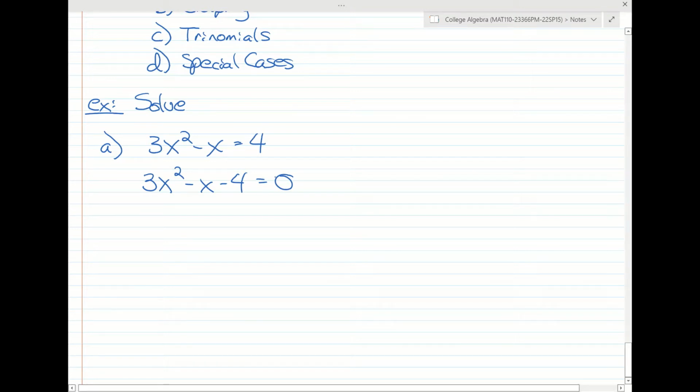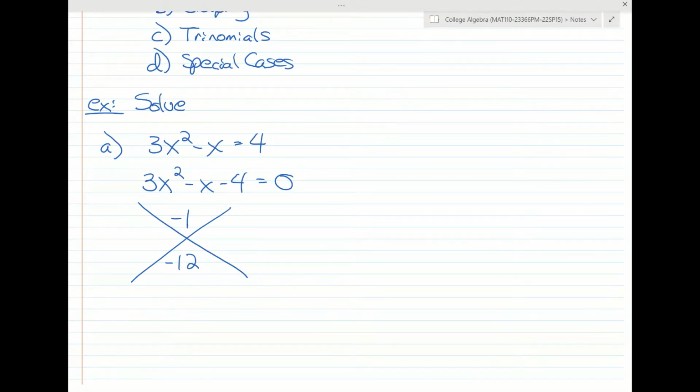And then we just go ahead and factor. So we're going to do 3 times -4 is -12 and add up to be -1. We multiply the first times the last number.